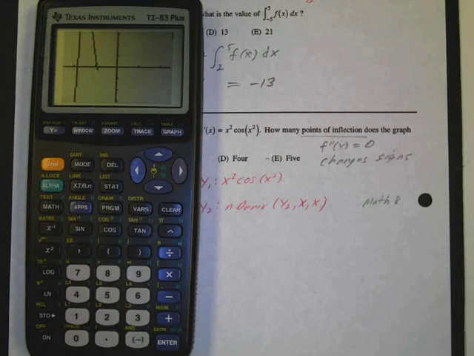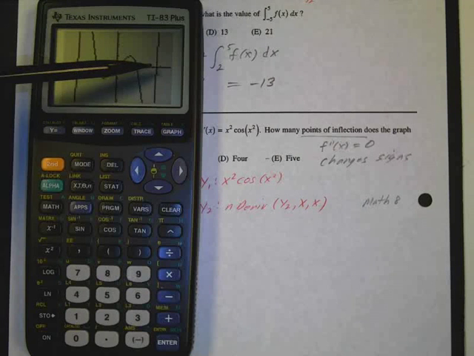So there's your 2, and there's your -2, and there's your 2. So we know where we are, and you can see it's crossing 1, 2, 3, 4, and 5.